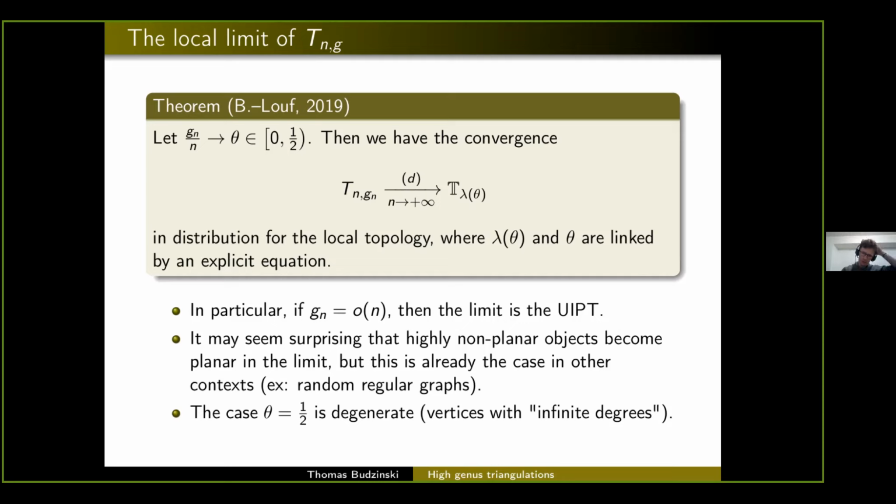No, so if we take a 4n-gon, we only have one face in the map. So this is a completely different model. Oh, okay. Faces, not triangles. Fine. Here, all my faces are triangles all along the talk.